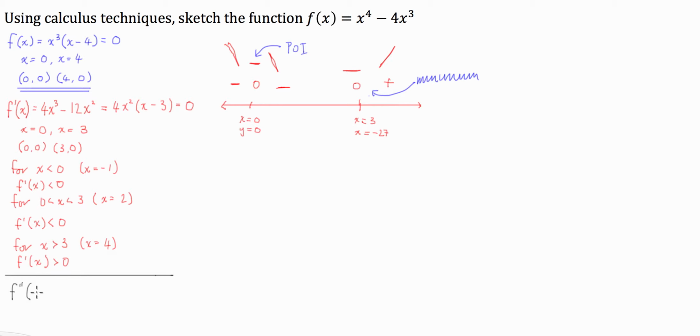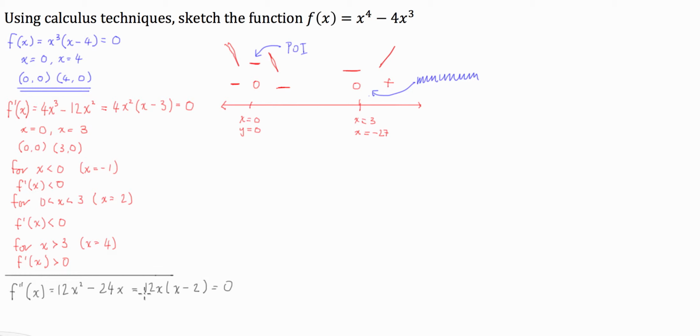The second derivative of x is going to be equal to, have a look at this one, 4 times 3 is 12x squared minus 24x. Now, we can find out when this one equals 0 by factorizing it. We're going to have 12x outside of x take 2. Now that's going to equal 0.